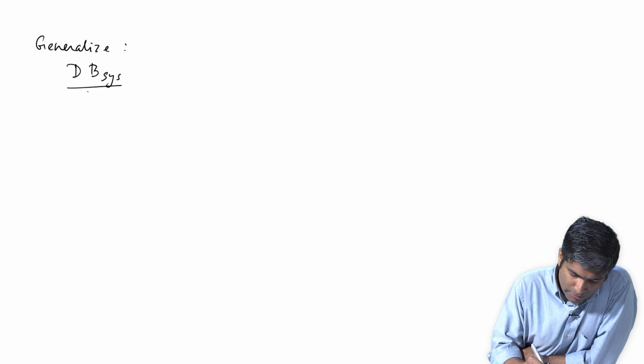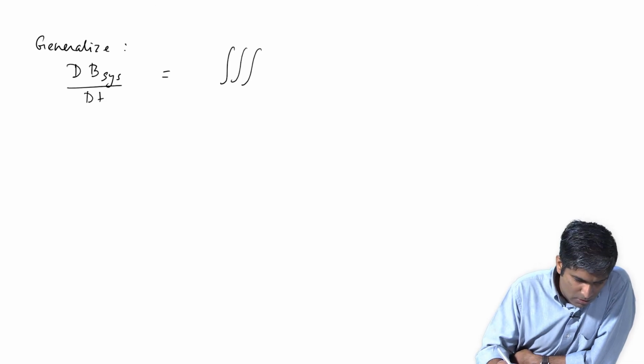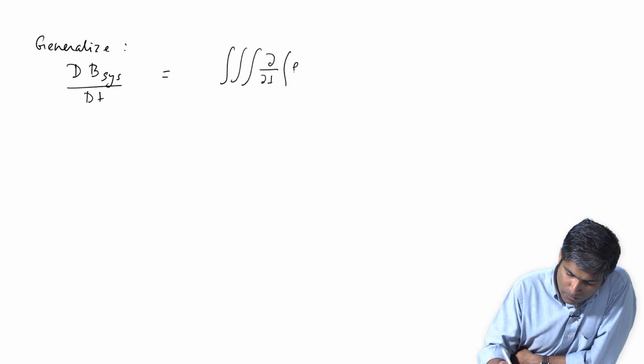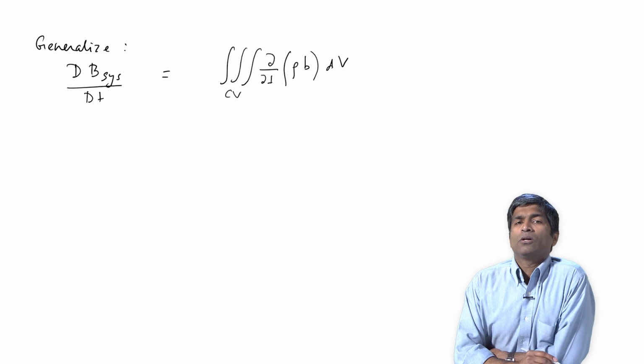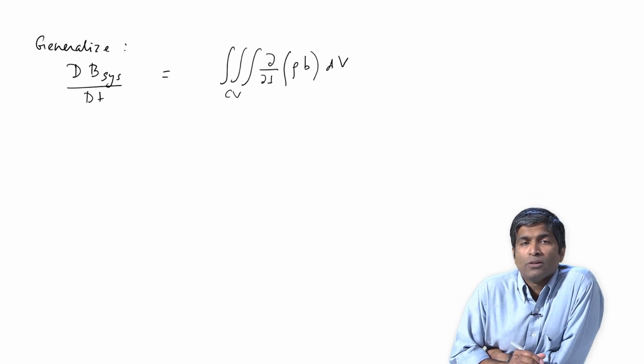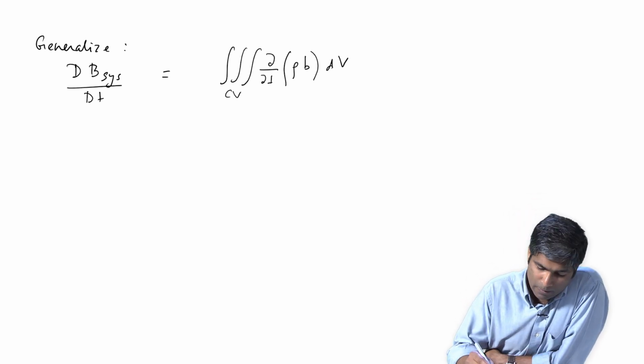So you can see how this principle could be generalized. I would in general write, for any quantity capital B, dB by dt equals what's going on in the control volume, the time rate of change of small b over the control volume multiplied by the density.